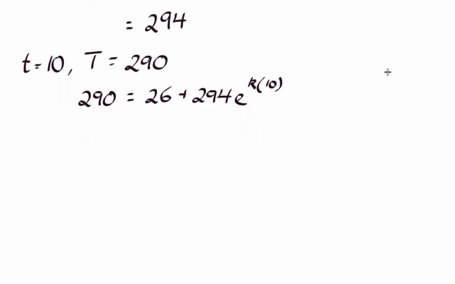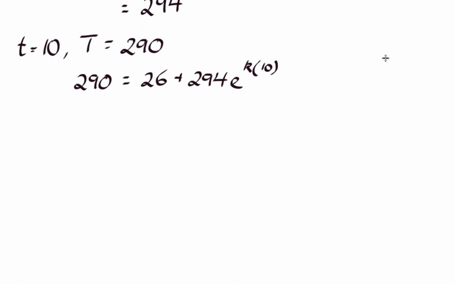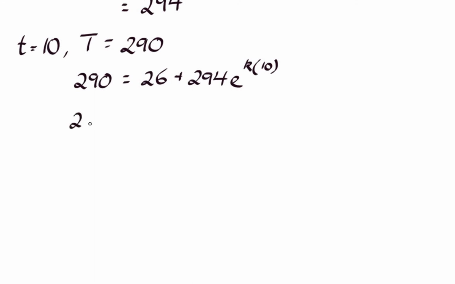So let's aim to get k by itself. First of all, we can subtract the 26 from both sides. So that leaves us with 264 on the left. And then we can also divide both sides by 294. So I might do that now.